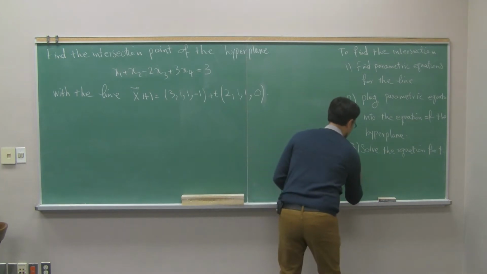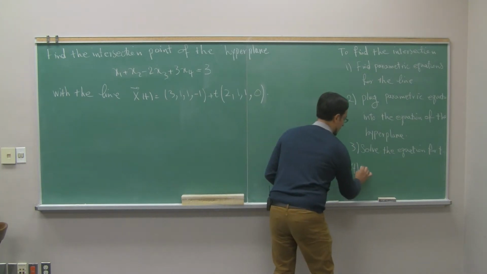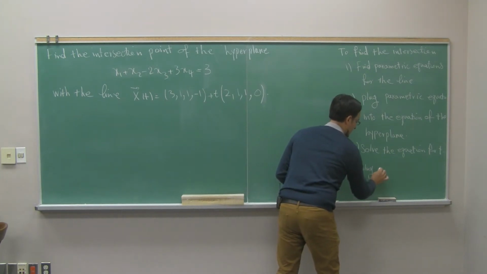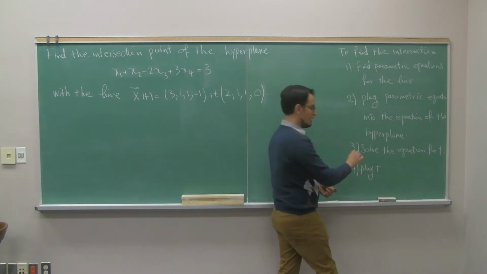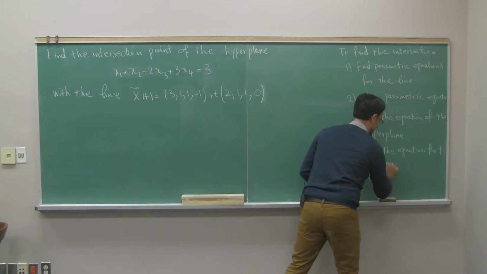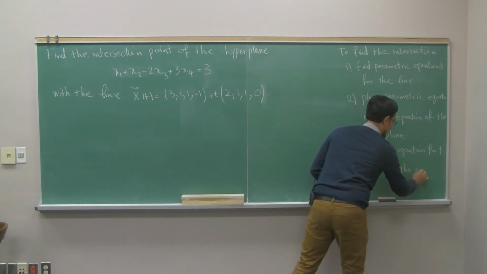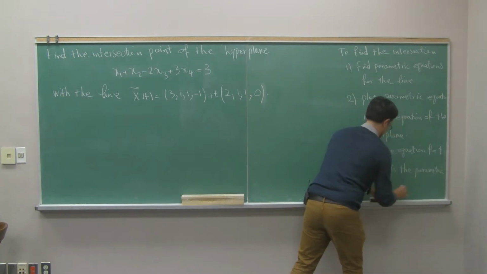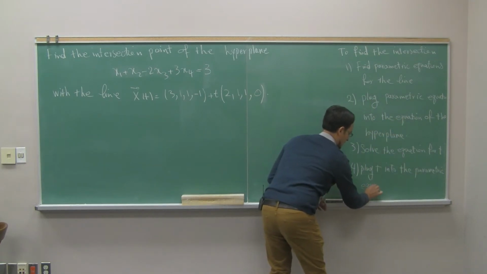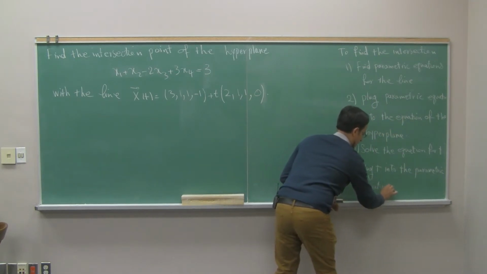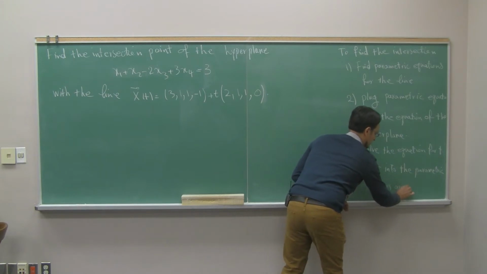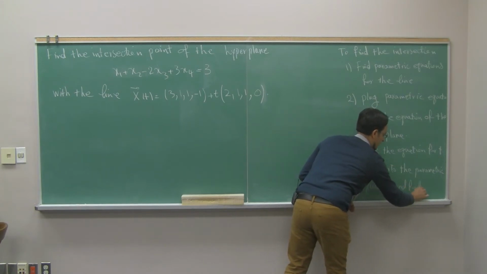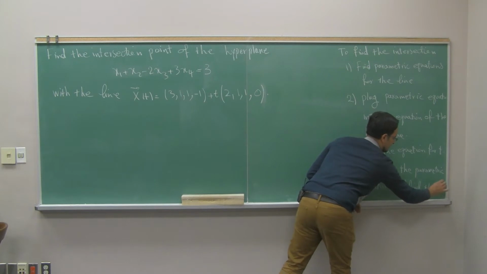So the last step is plug the t that we found in step 3 into the parametric equations and find the intersection point.